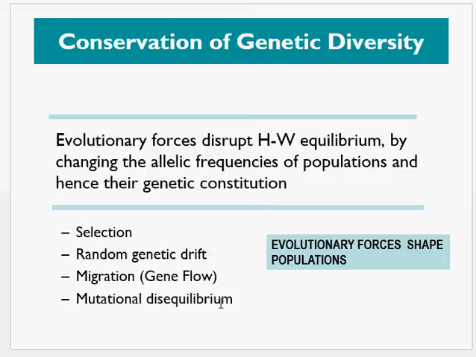So I'm going to go through these different evolutionary forces which will disrupt Hardy-Weinberg equilibrium and change the genetic diversity and composition of populations. So basically change the allelic frequencies which exist in the populations.